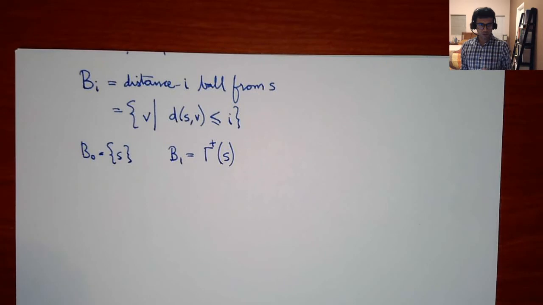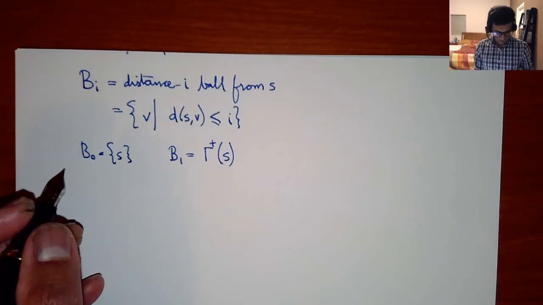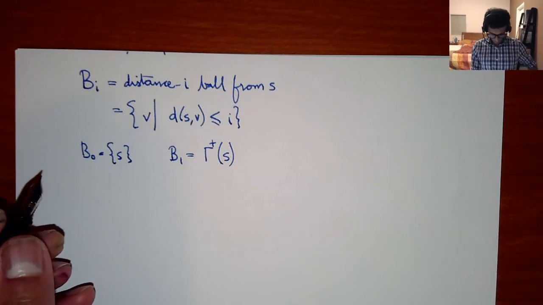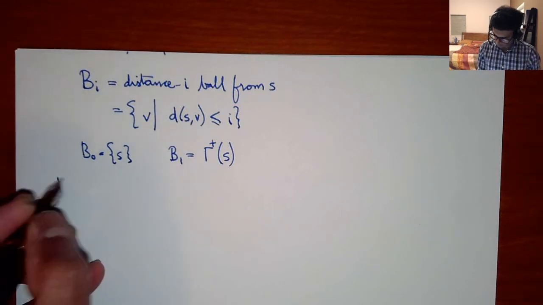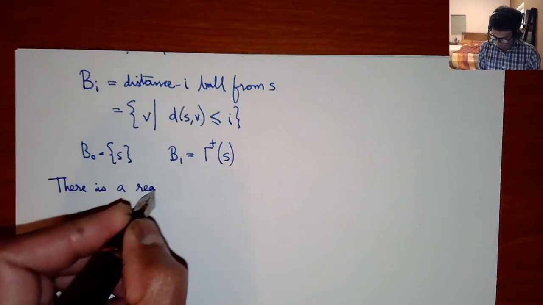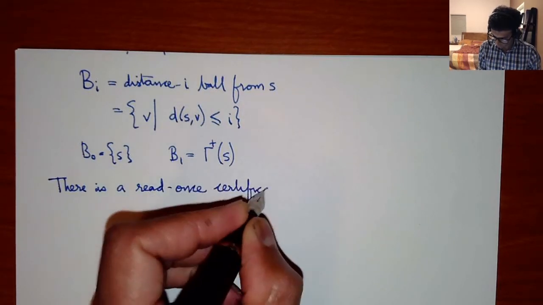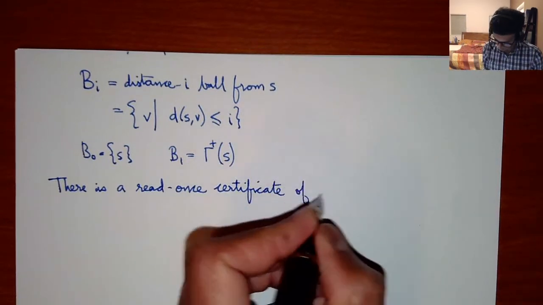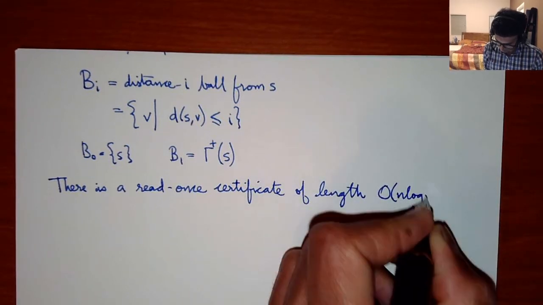What I am now going to show you, and this is the iterative counting part, is that given the certificate that we have before, there is a read once certificate of length O of n log n.